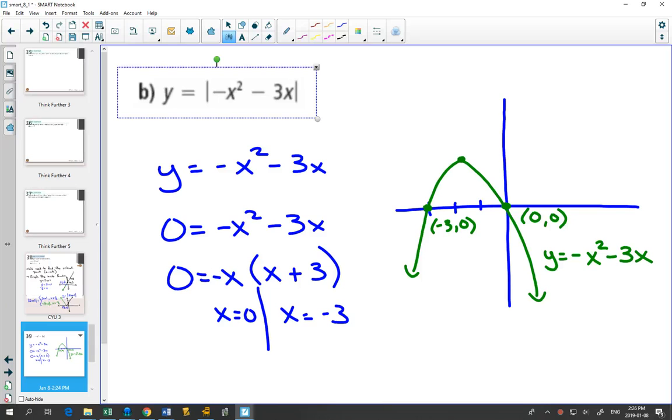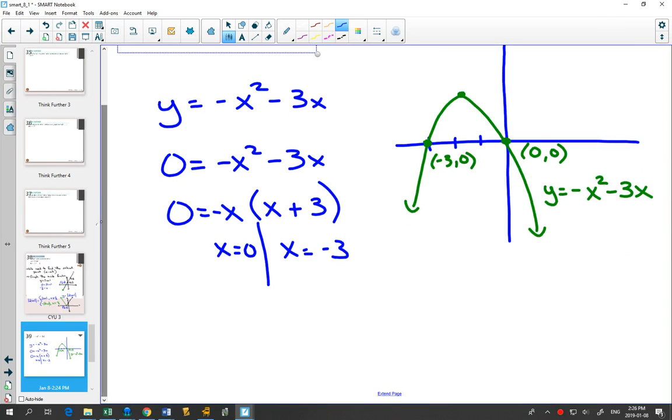What is it asking us to do? It's asking us to write it in piecewise. So if this is the graph of y equals negative x squared minus 3x, then what happens with an absolute value? You would still have these critical points at 0 and negative 3.